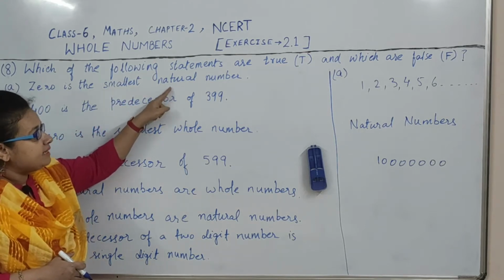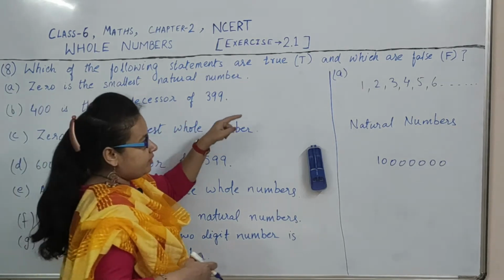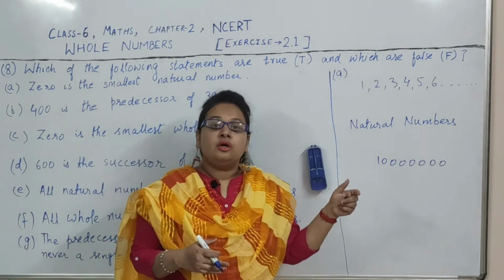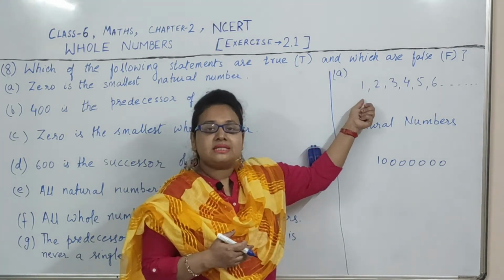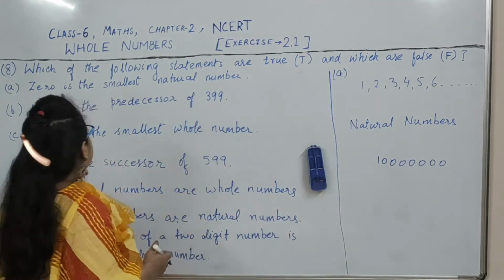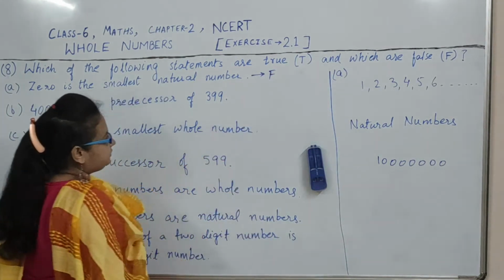Is it a true statement or a false statement? You can very easily say that it is a false statement, because we have seen that 1 is the smallest natural number. So this statement is false.